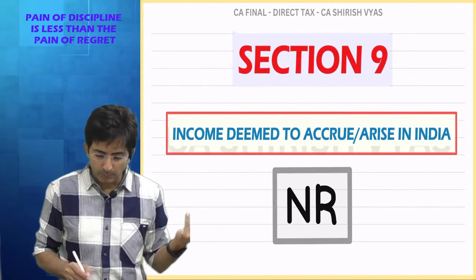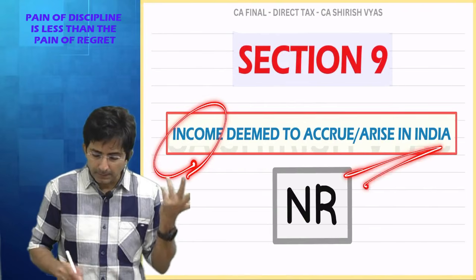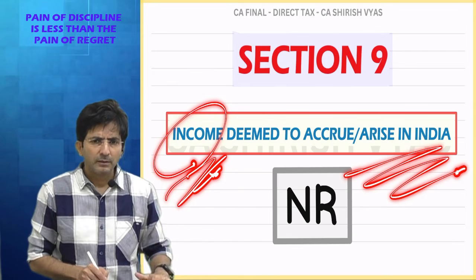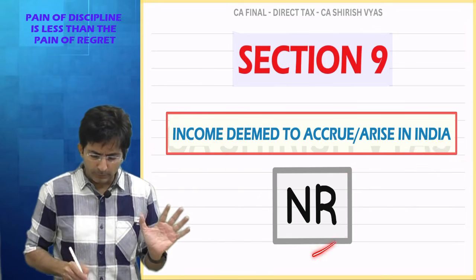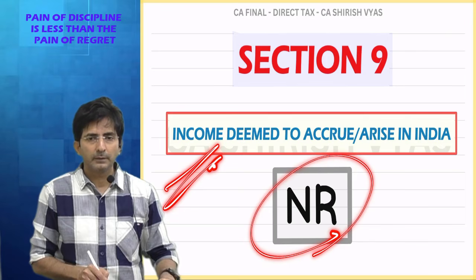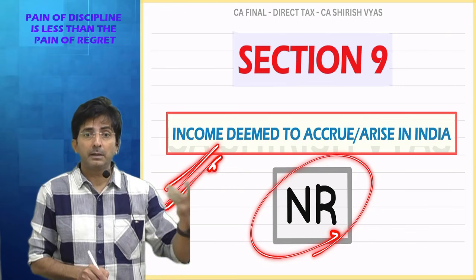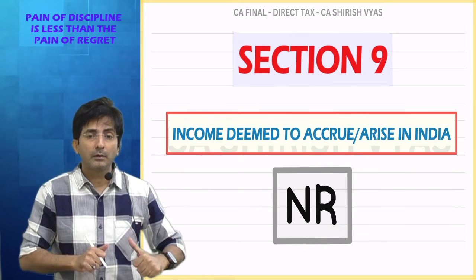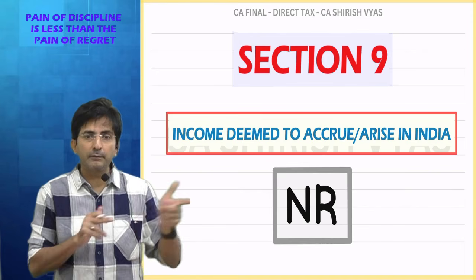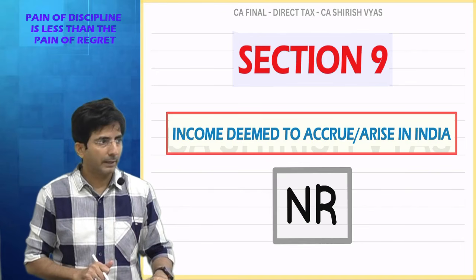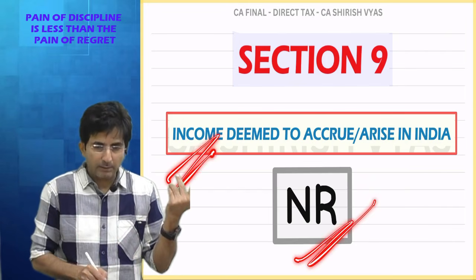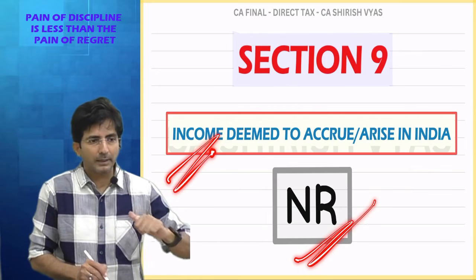Section 9 explains income when it is accrued in India, and the income is for the one who is earning it. So in this whole topic, you have to think from NR. Imagine NR earning income. But is his income said to accrue in India? So it depends. If NR is earning gift income, we have to see who gave him the gift. The giver. Okay. And if the giver is resident, NR will say my income is accrued in India. Okay.